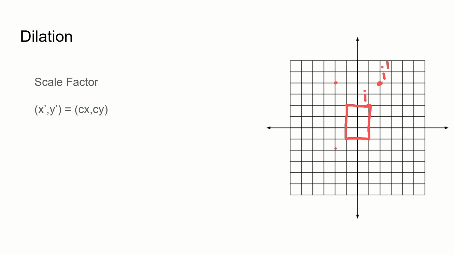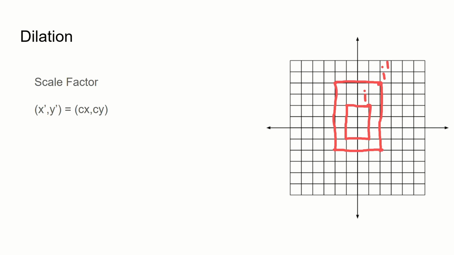We're multiplying both the x and y by 2, because the scale factor would be 2 in this case. And then all of these points would also be scaled up, and so we could actually complete the shape. And so this would be effectively dilating this smaller rectangle by a factor of 2 from the origin.